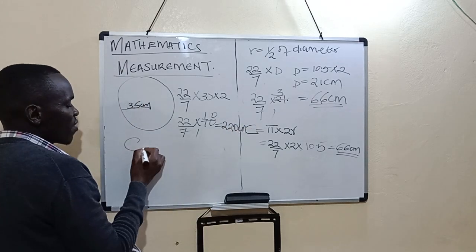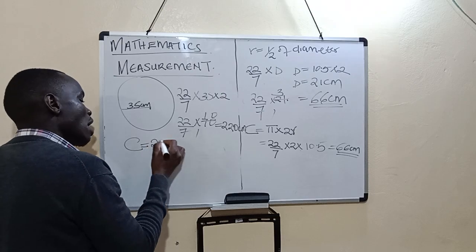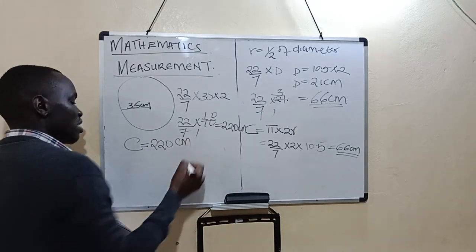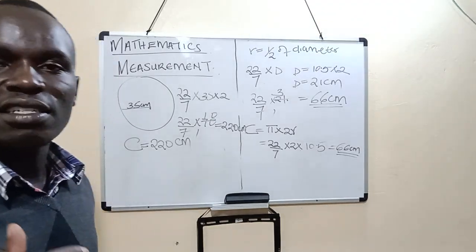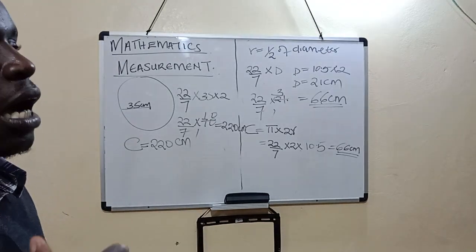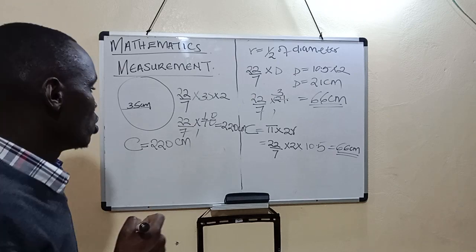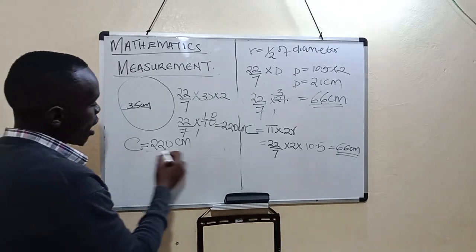So the circumference is 220 centimeters. But the question is, how many meters does it cover in one revolution? So we are going to convert this to meters.